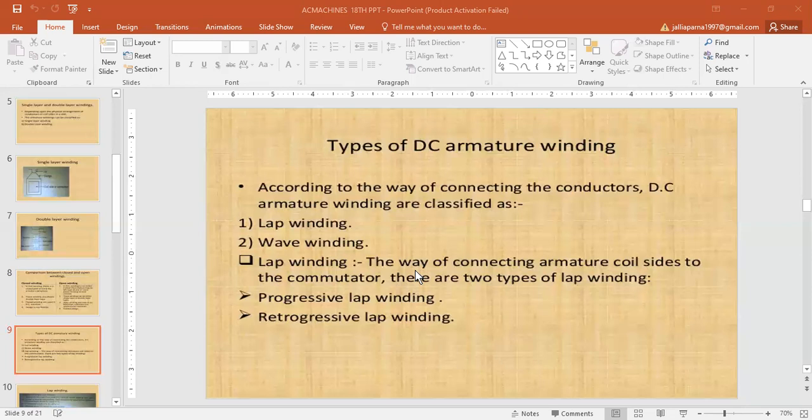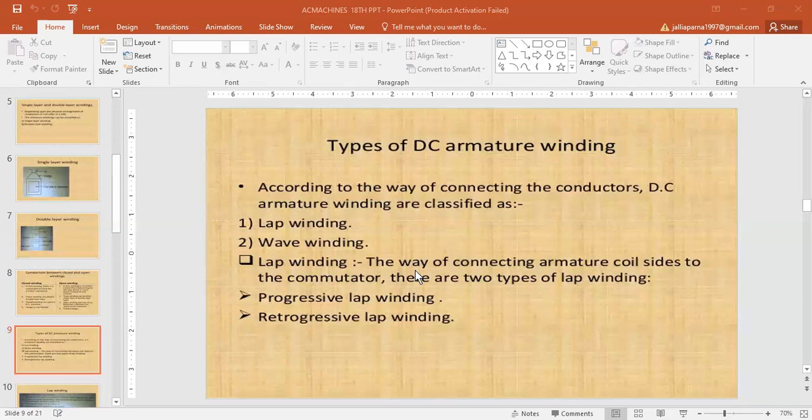Another advantage is that in wave winding, equalizing connections are not necessary, whereas in lap winding they definitely are. This is because each of the two paths contains conductors lying under all the poles, whereas in lap winding, each of the P parallel paths contains conductors which lie under one pair of poles.